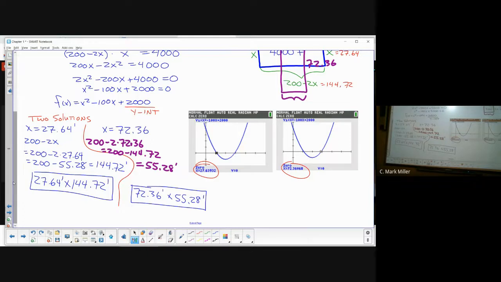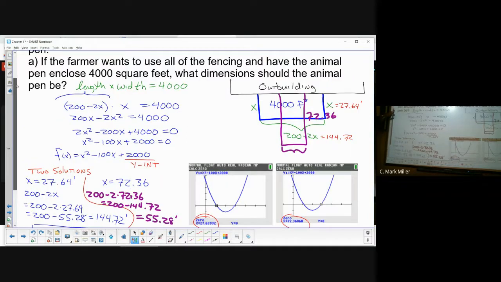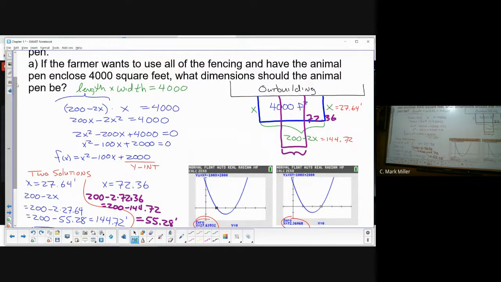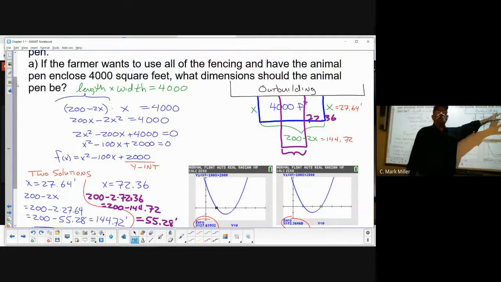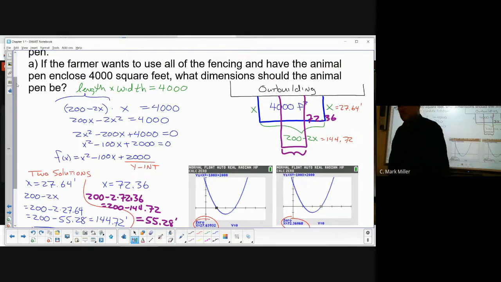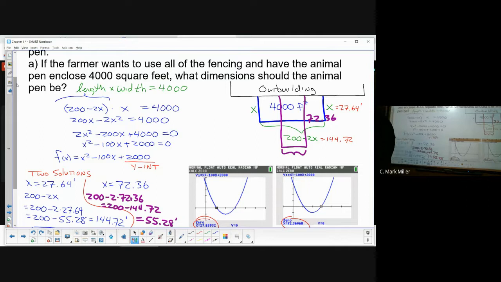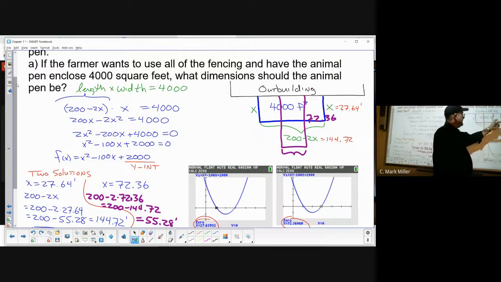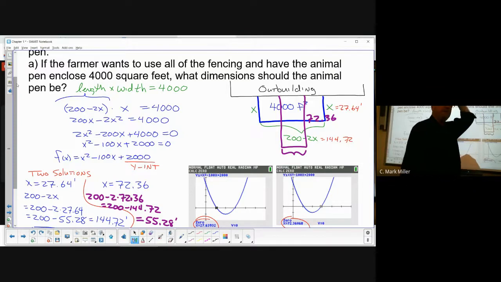All right, so let's go through that again real quick, and then I want to make sure I get any questions you have. Probably the most important step here, in my opinion, is a graph, a good graphic. Most of us are visual when it comes to math. And so you have the big long outbuilding, you have some pin that's going to be 4,000 square feet.